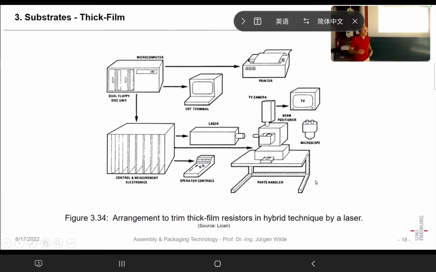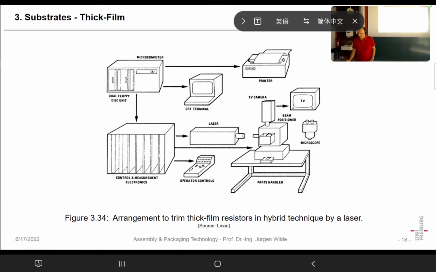Here it has a microscope, but nowadays such machinery is mostly fully automated, and in that way, you don't have a microscope, but you rather have the camera to put it in a pattern recognition system.